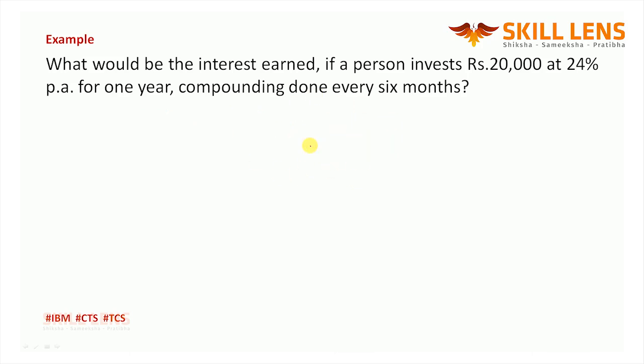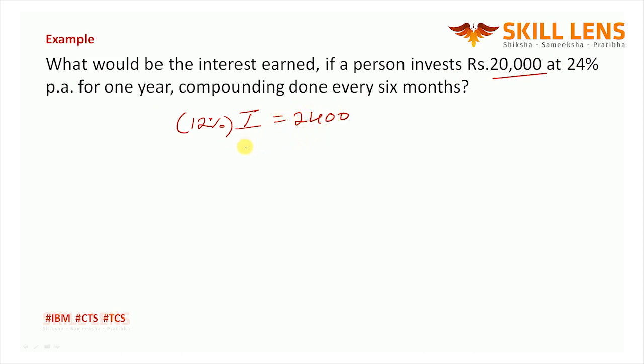So let's calculate with the interest. What is the first 6 months interest? On 20,000, your 6 months interest is 12%. On 20,000, 12% is going to be: 12 twos are 24, which is 2,400.